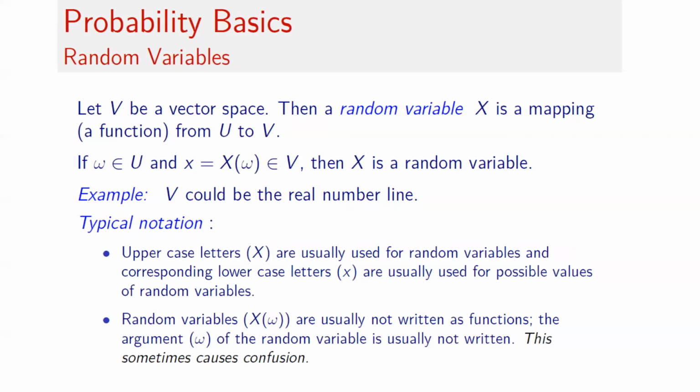The next concept we have to talk about is random variables. To do that, we first let capital V be a vector space.